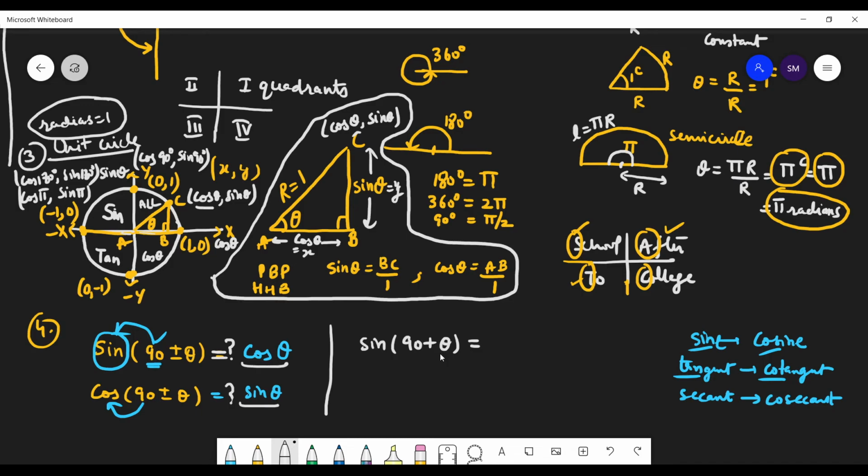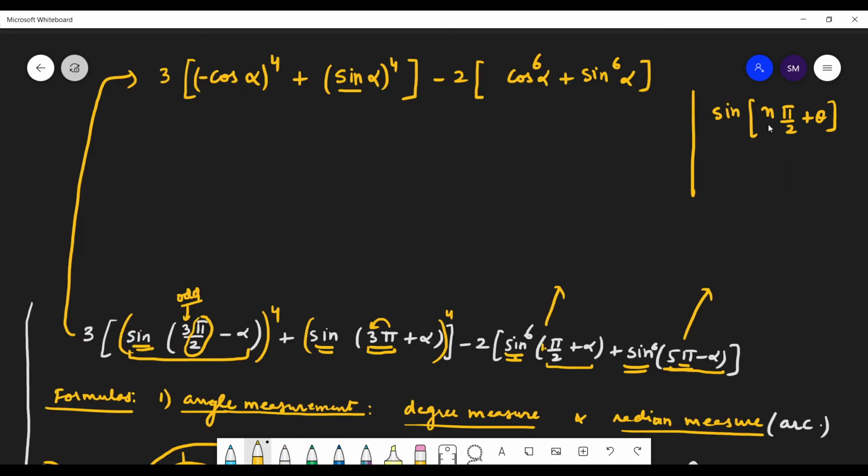Yes. So let me write the formula here also. Sine of n pi by 2 plus theta. If this is the case and n is an odd multiple, then sine will change into cos. That's the rule: cos theta. And the algebraic sign will be according to this whole angle.